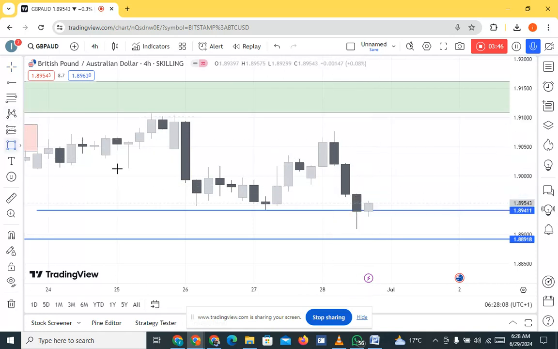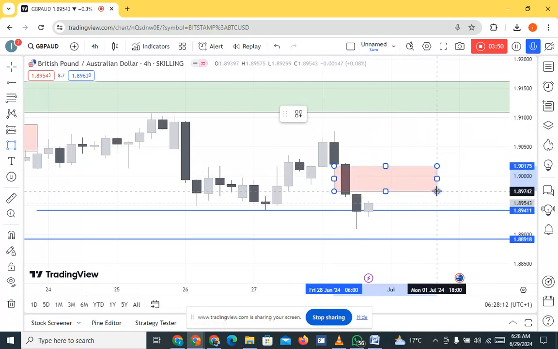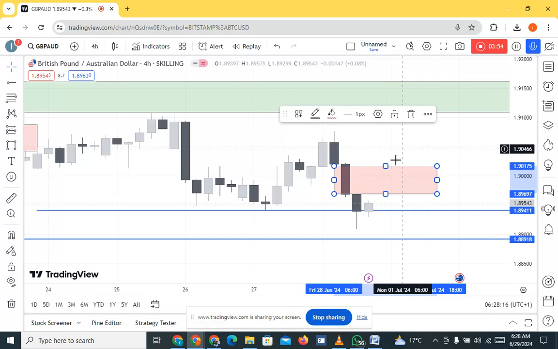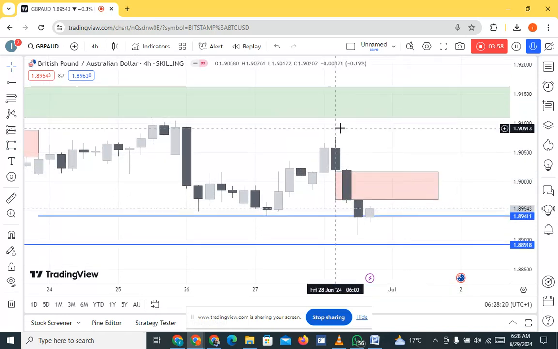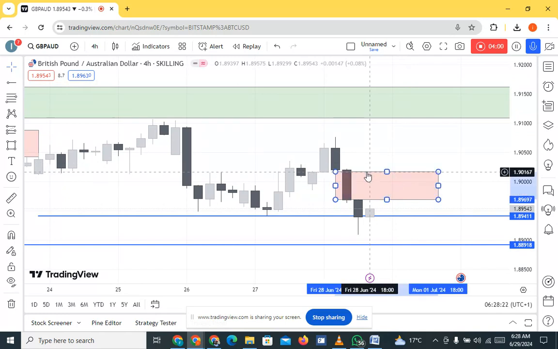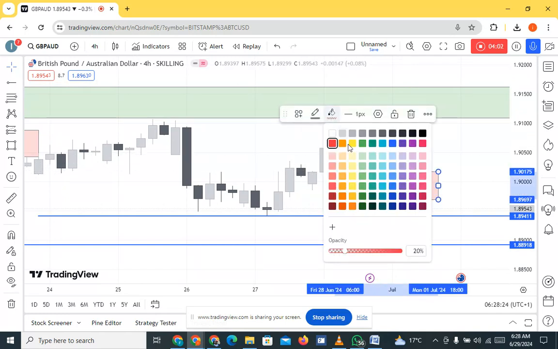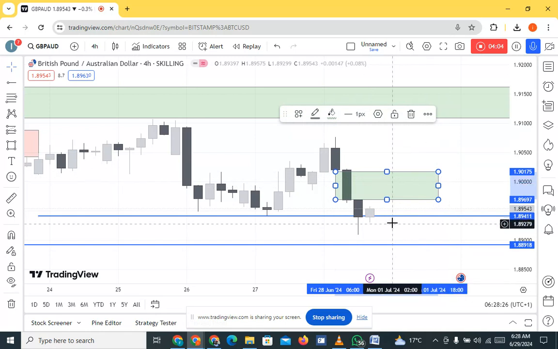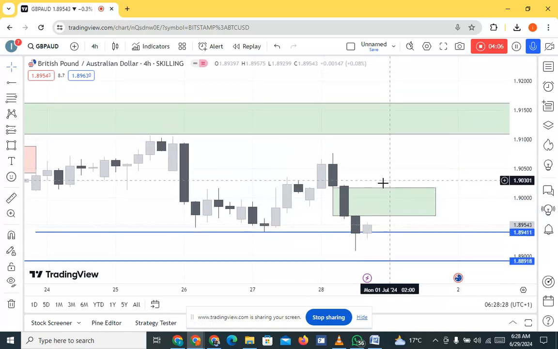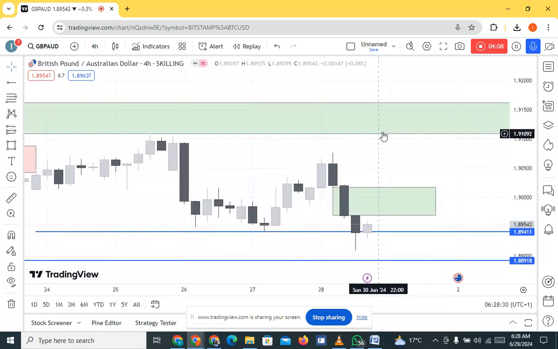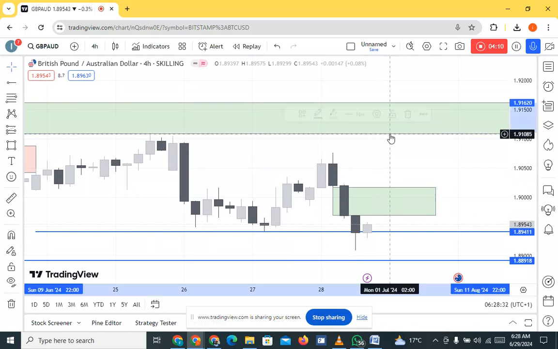So if price is trading back in here, if price is disrespecting this breakaway gap with a bullish fair value gap, then we can confidently take our buy trade, targeting this weekly fair value gap right here.